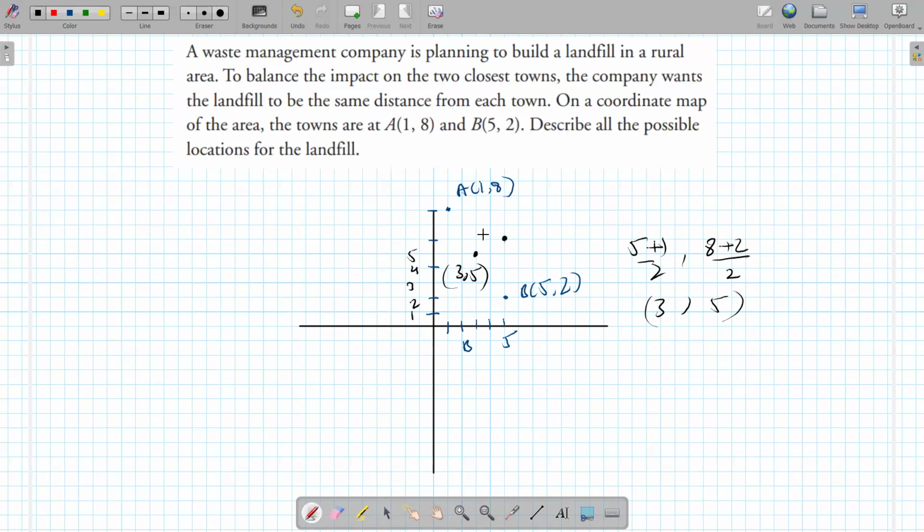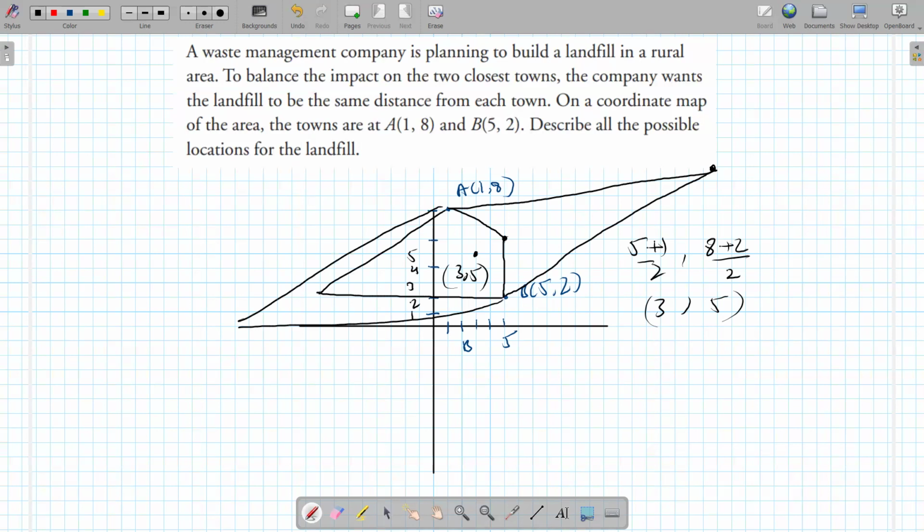It's not the midpoint, but we could definitely find that point where this distance is equal to this distance. Or it could be somewhere here. Let's say they don't want the smell or whatever. In fact, there's an infinite number of answers to this question, but they're all related.